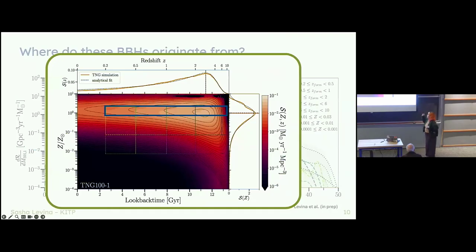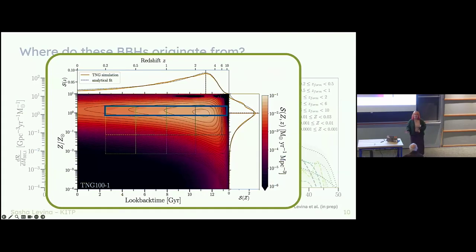Those binaries are coming from this region where the analytical fit is overestimating the SFRD, because it is trying to smooth over this secondary peak feature in the metallicity distribution of the true TNG SFRD. And so this is mostly to say that you need to be careful when using analytical fits to more complicated, more detailed underlying star formation histories.